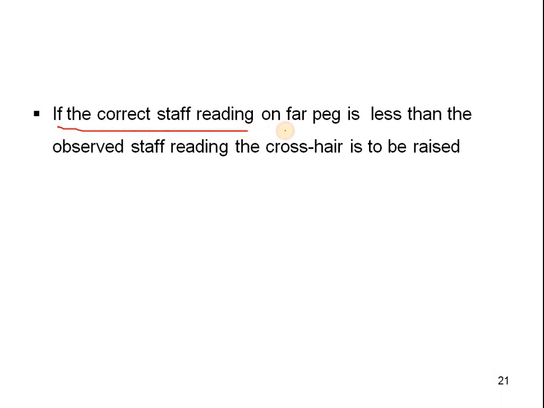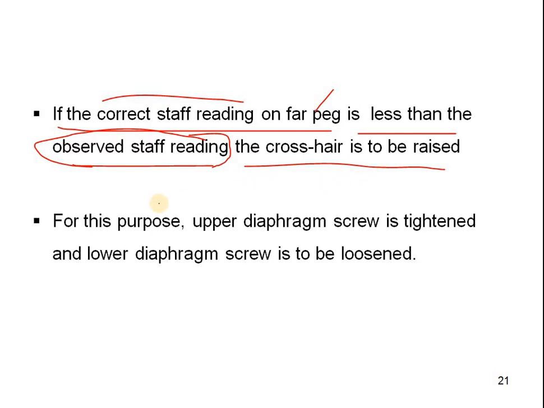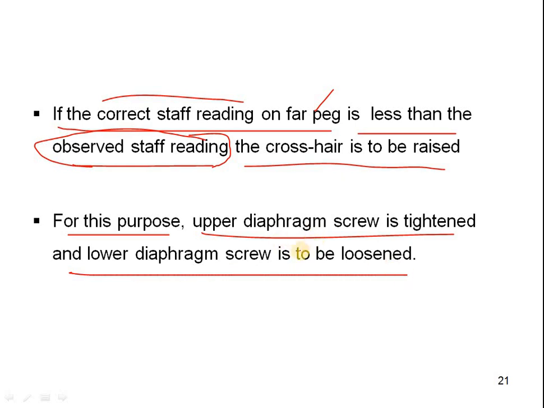If the correct staff reading on far peg is less than the observed staff reading, the crosshair is to be raised, that means we have to increase the height. For this purpose, the upper diaphragm screw is tightened and the lower diaphragm screw is loosened.